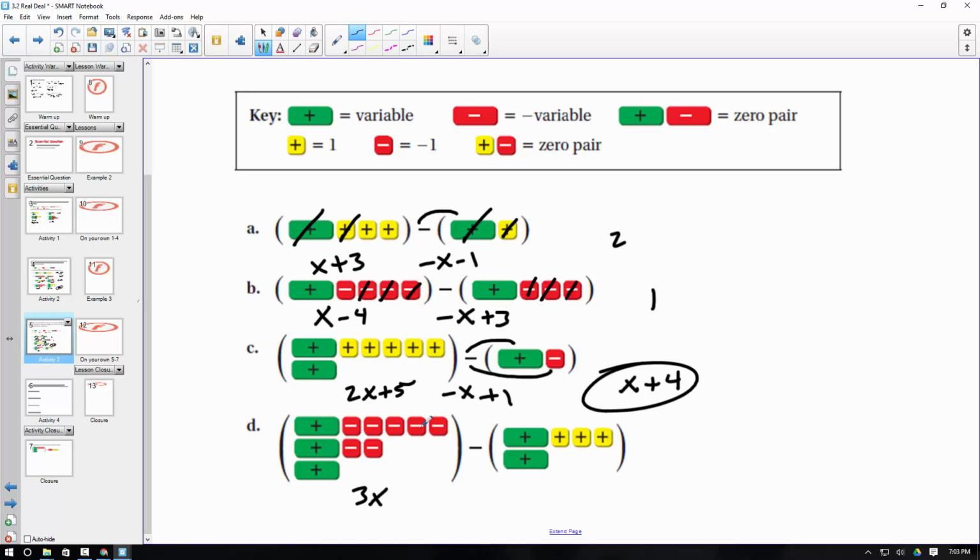So that would be 4, 5, 6, 7, so minus 7. Now look at this. This is a little bit different because now I have this minus. So instead of becoming a plus 1 like it was over here, this would be a minus 3. So I have minus 2x minus 3. Combine like terms, and I have x minus 10.